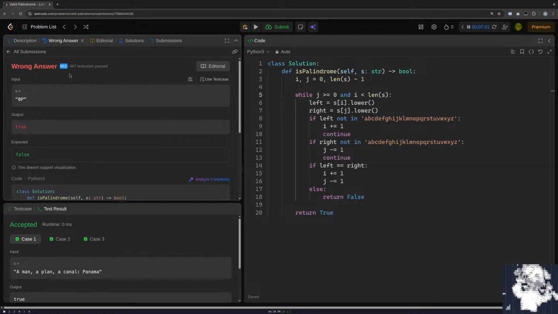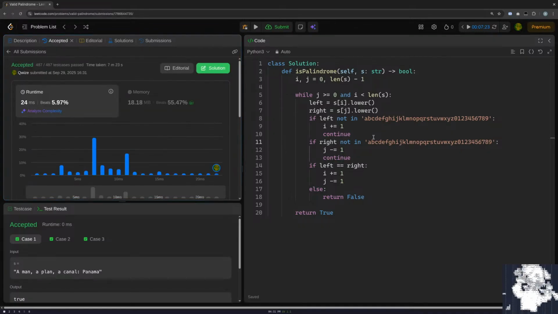We got pretty far, but what is this edge case? 0 uppercase P. Oh, alphanumeric. 0, 1, 2, 3, 4, 5, 6, 7, 8. Okay.